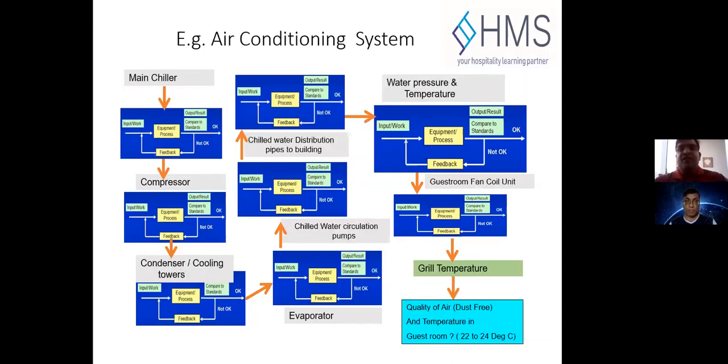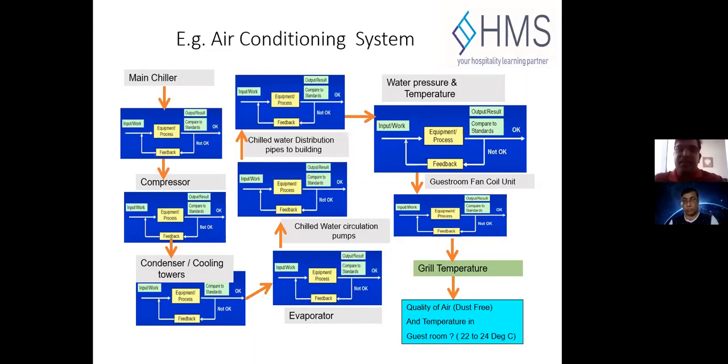Okay. So the next system I have introduced is in the guest rooms, to maintain the air quality and maintain the human comfort temperature, which is 22 to 24 degrees. Okay, to do that, the cycle starts from the main chiller. Okay, so in the main chiller we need to maintain a certain temperature.